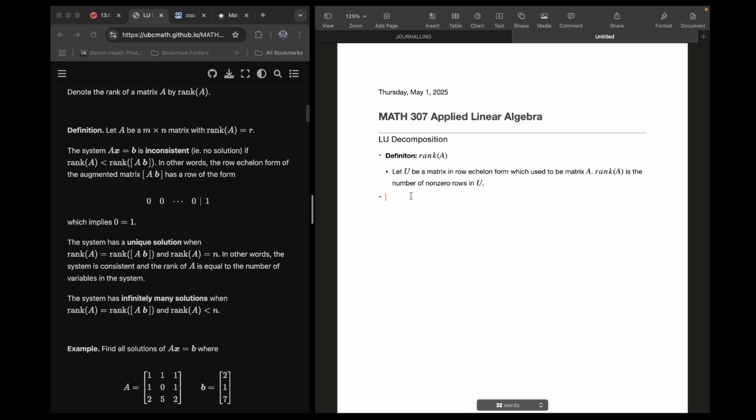Definition: inconsistent and consistent systems of equations.